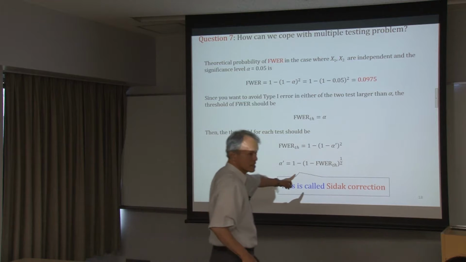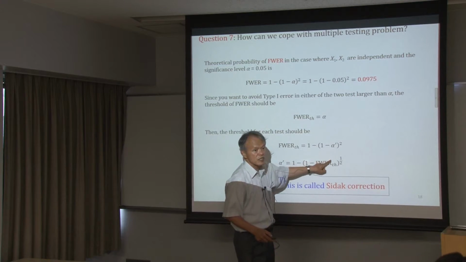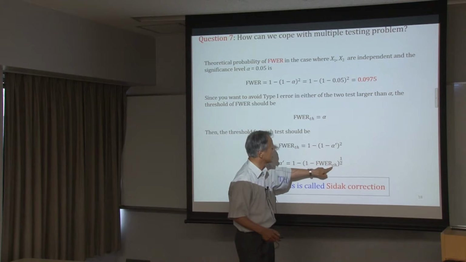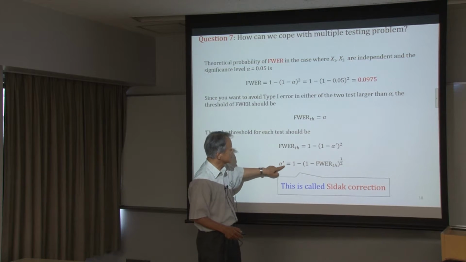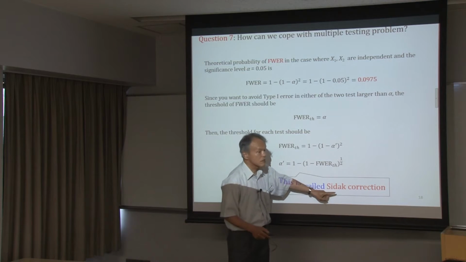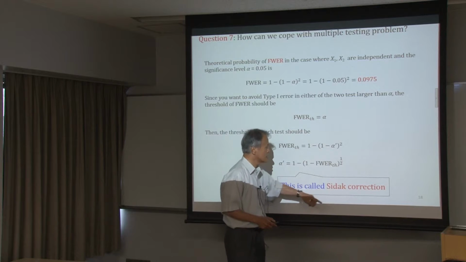And this is 0.05. Family-wise error rate should be kept equal or smaller than 0.05, so that in each test, this alpha prime is given by this equation. This is called Sidak correction. This is the person's name, Sidak.